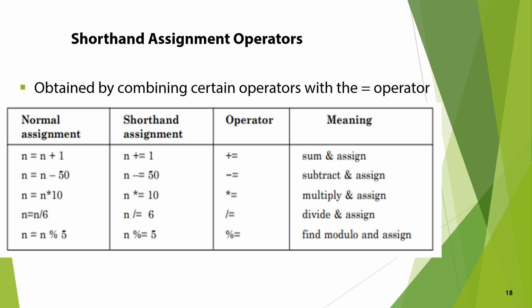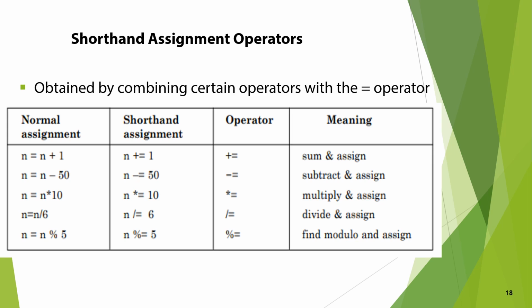Next is n is equal to n minus 50. This can be written as n minus equal to 50. Next is n is equal to n into 10. That can be written as n into equal to 10. N is equal to n divided by 6 or n slash 6.